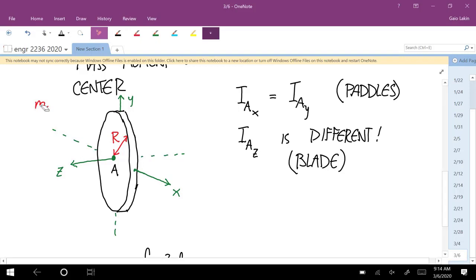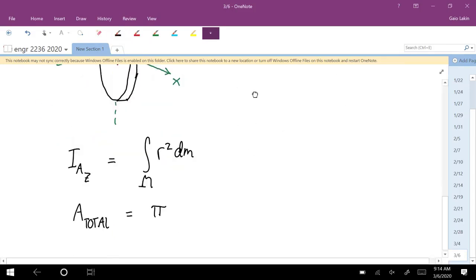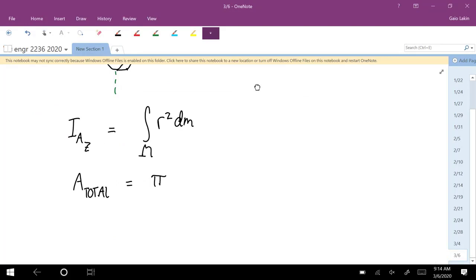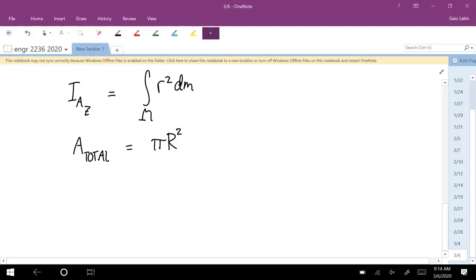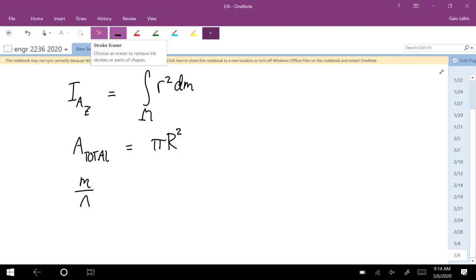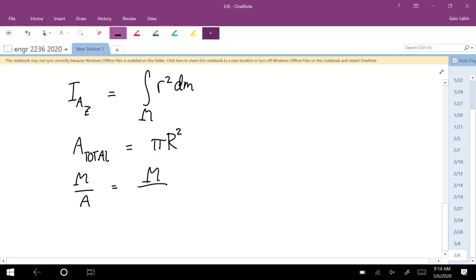Well, let's make that a big M too to differentiate. So the total area is pi big R squared. And so the mass per area, big M over A, is just big M over pi big R squared.